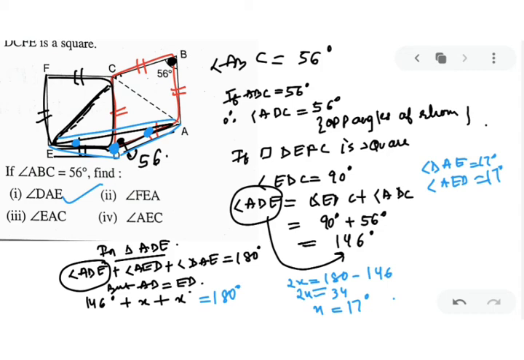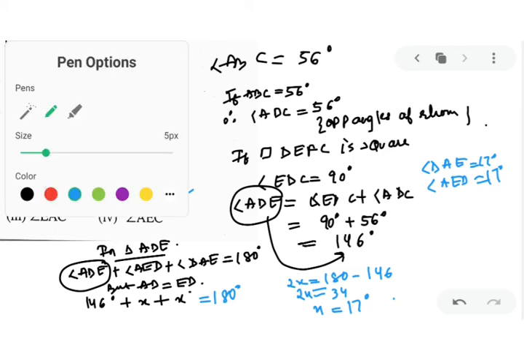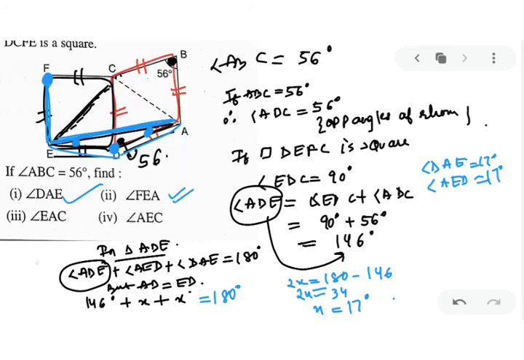And you want next, we have FEA. Where is F? FEA. Now my dear kids, if you notice this entire angle will be 90. Am I correct with this?